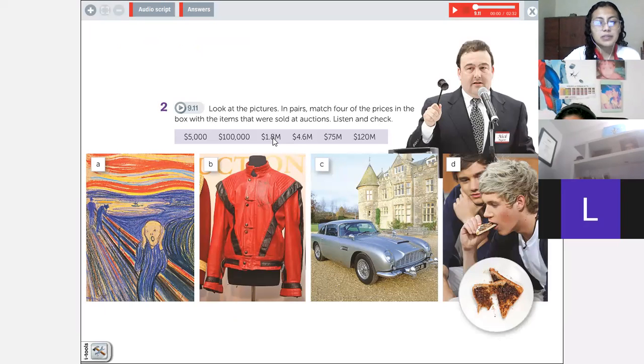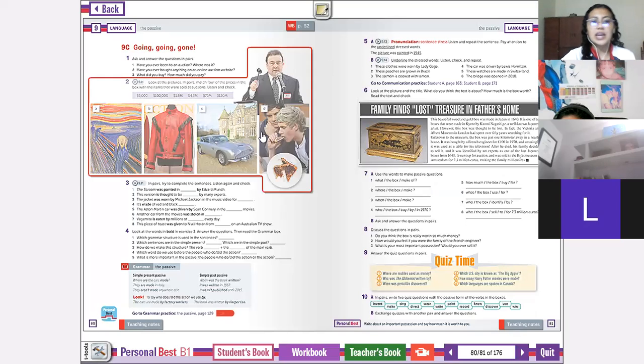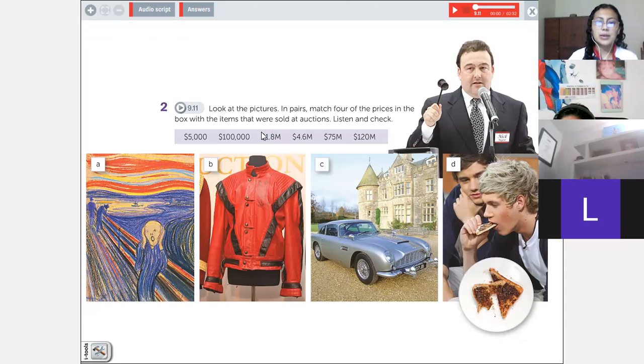This is a little bit difficult because I know that the numbers will be difficult, but listen and check, okay? This is page 80. Are you ready? Yes. Here we go.